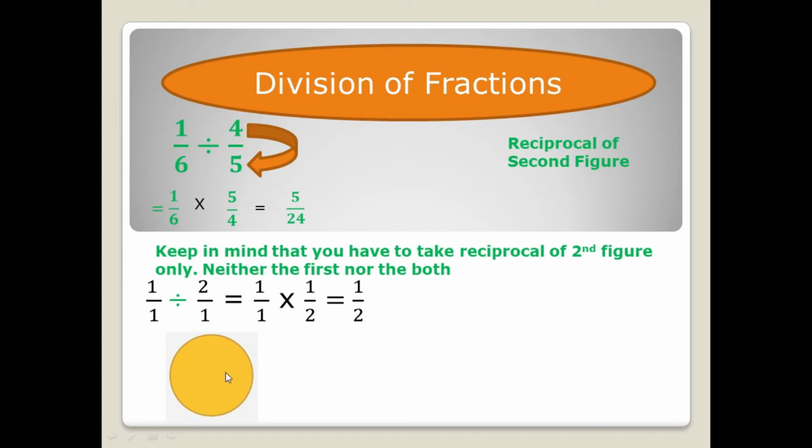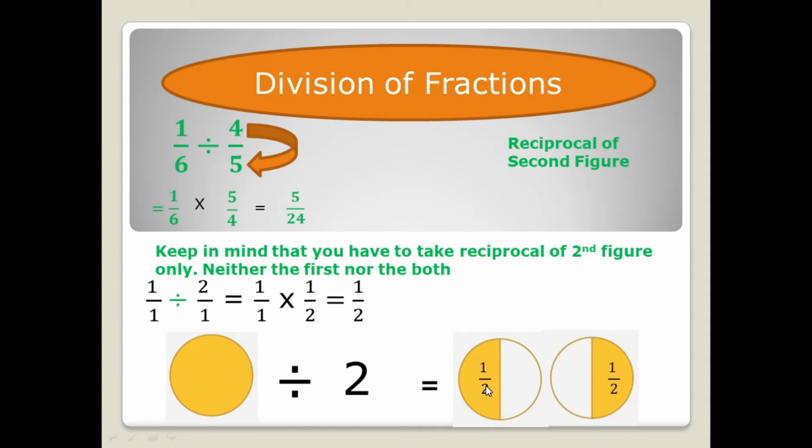Don't worry about it, because we write denominator 1 just to change it into a fraction. When we divide one whole by 2, the answer is half. It can also be expressed as 2 halves.